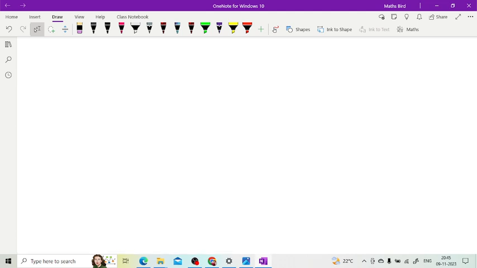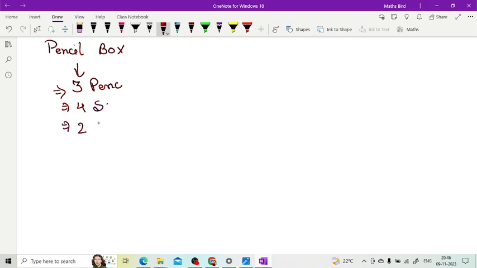Now how we will solve the question regarding ratio? Suppose I am saying in my pencil box, I have a pencil box, and in my pencil box I have 3 pencil, 4 scale, 2 sharpener, and 1 eraser, right?